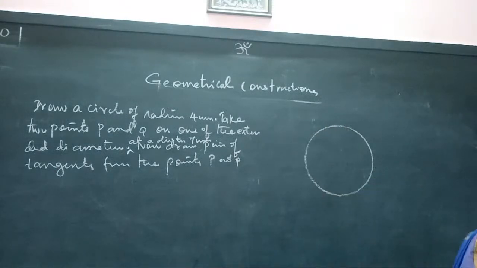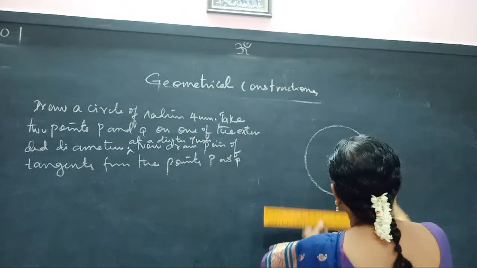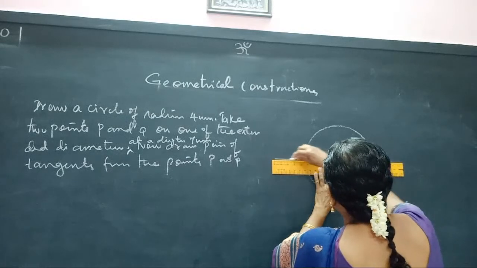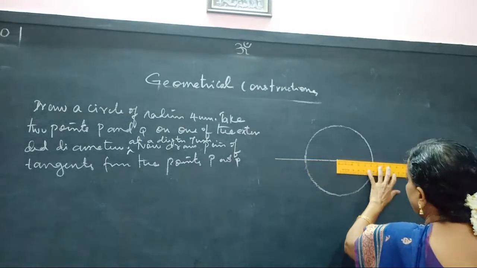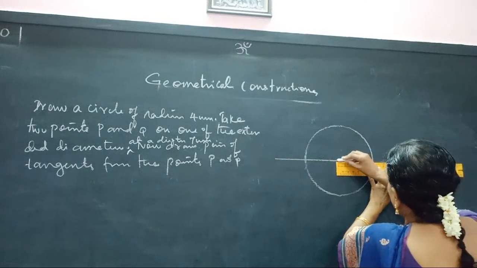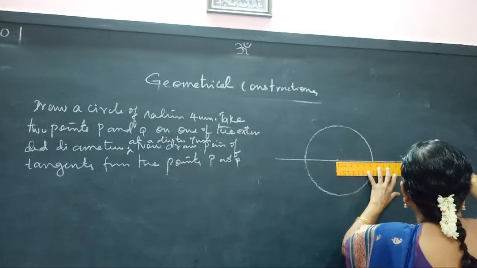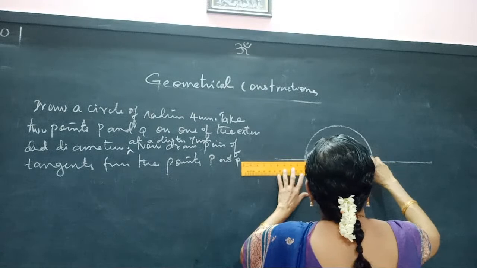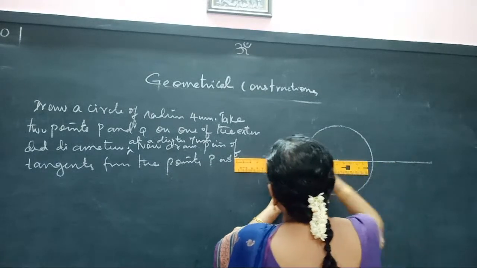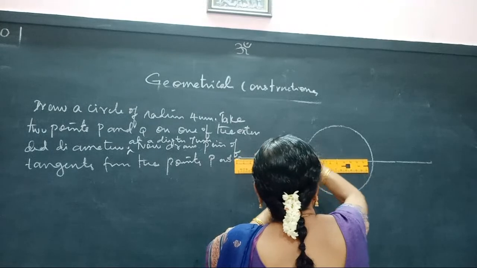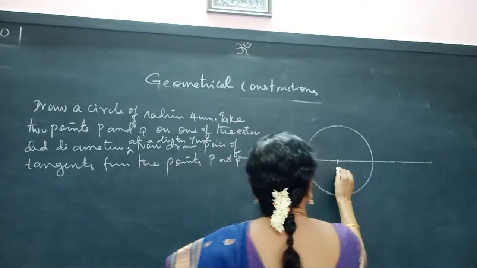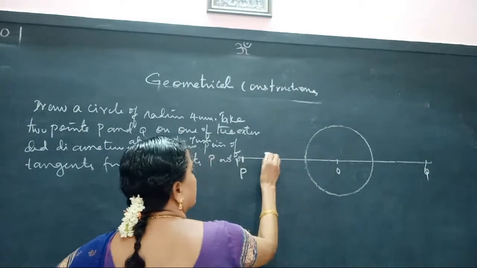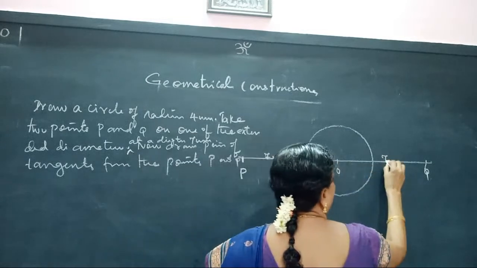So passing through the point O, extend the diameter on either side which are at a distance of 7 centimeter. This is point O, P and Q, 7 centimeter, 7 centimeter.